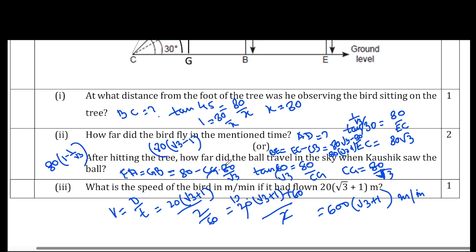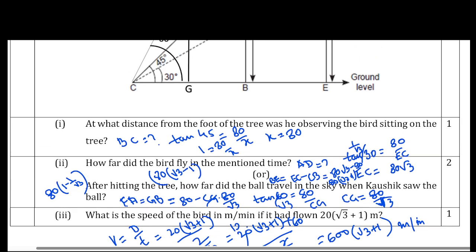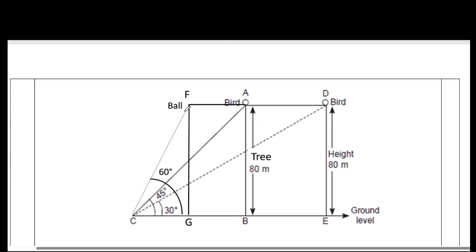After hitting the tree, how far did the ball travel in the sky? One mark. Means the ball came here, so they are asking what is the distance of AP. AB equals BC, that means 80, you know BC. Now you find out CG, subtract that from BC.